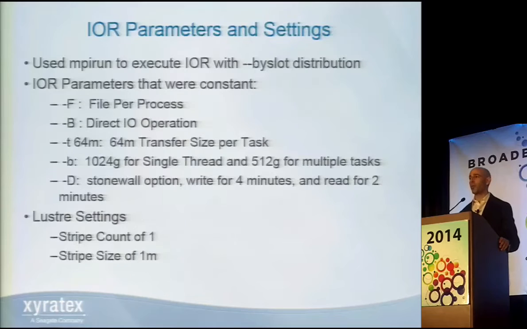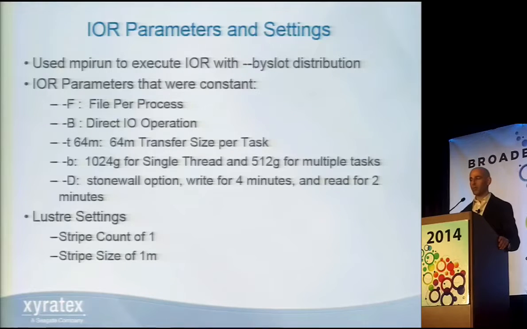So let's talk about the IOR parameters I used. I used mpirun to execute IOR across all 8 clients, with the by-slot distribution. At a minimum, I started with 4 slots per client, or 4 tasks per client, and scaled up the number of slots per client in increments of 4, so when we ran out of 4 tasks, I added 4 additional tasks per client.